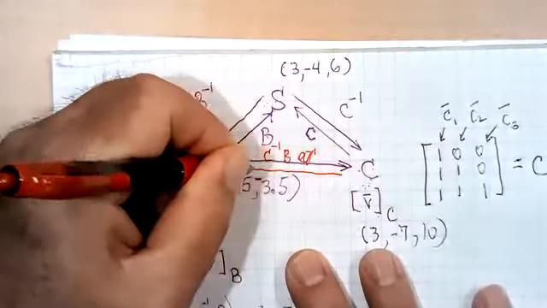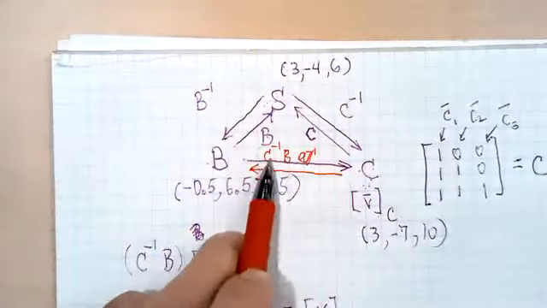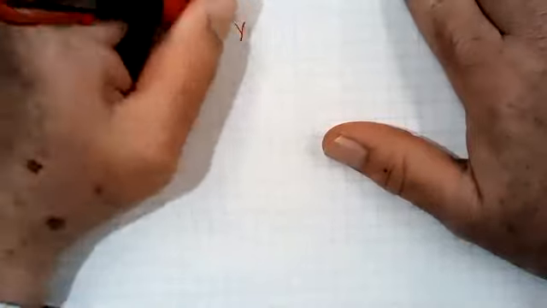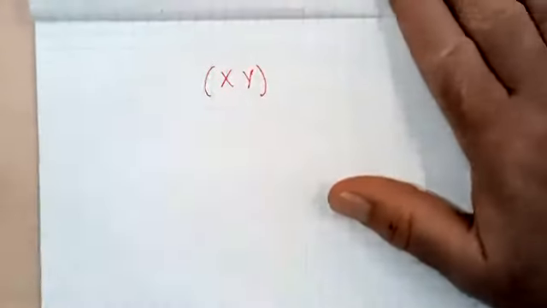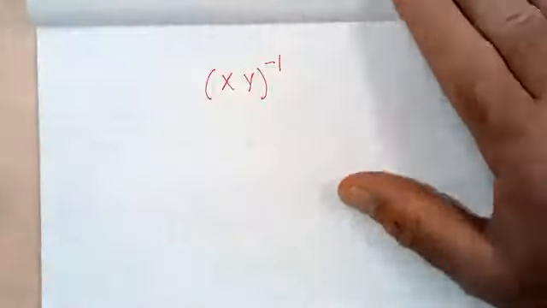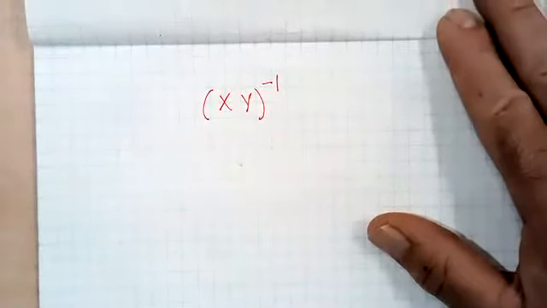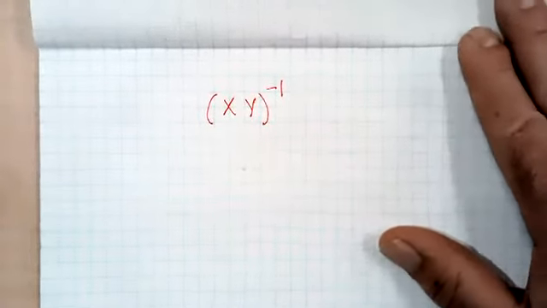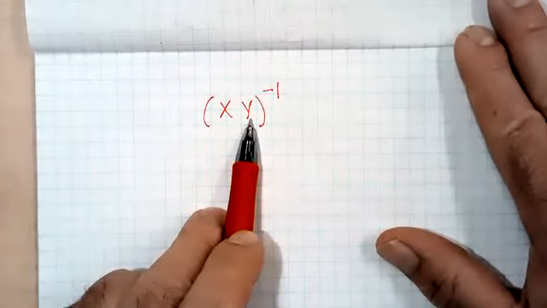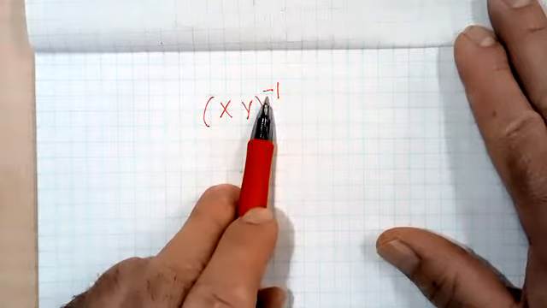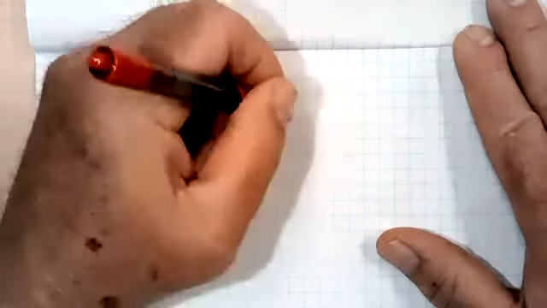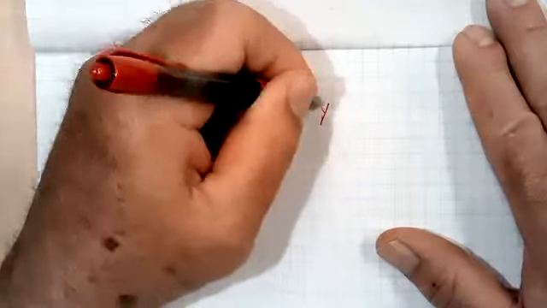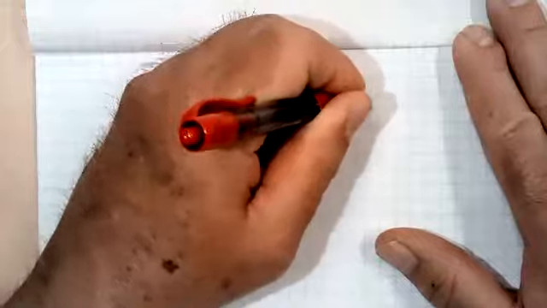And by the way, once you have one of these arrows labeled, it's pretty easy to label the other one, because here's an identity. Rather than get tangled up with the A's, B's, and C's we've already got going on in our brains: if X and Y are matrices, the inverse of the product XY is Y inverse X inverse.